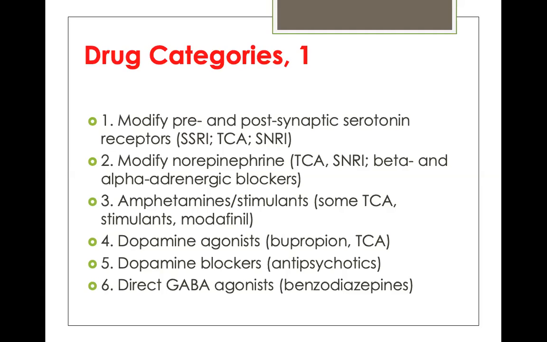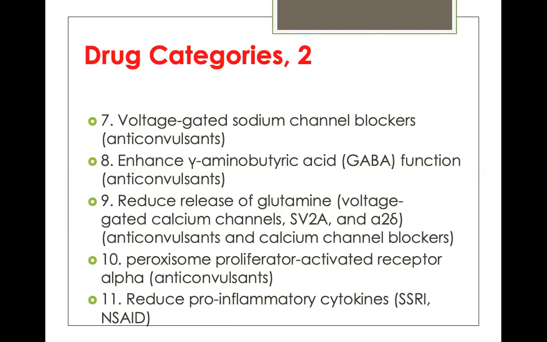We have direct GABA agonists, which are the benzodiazepines. We have voltage-gated sodium channel blockers, which are the anticonvulsants, some of which also enhance gamma-aminobutyric acid function. We have drugs that reduce the release of glutamine.